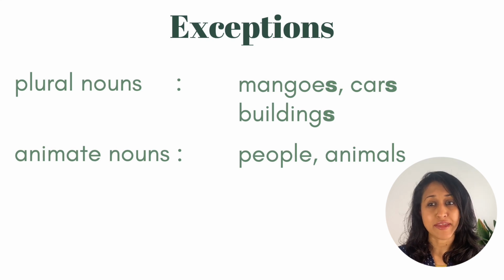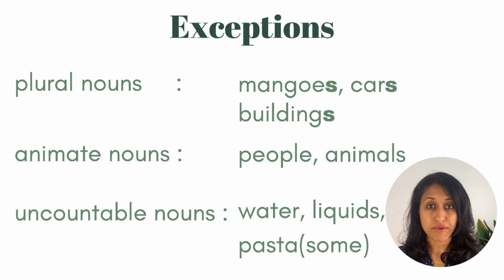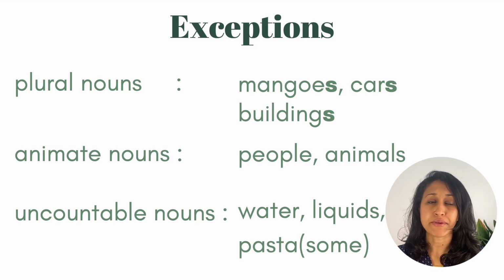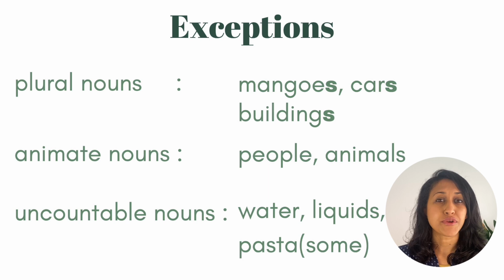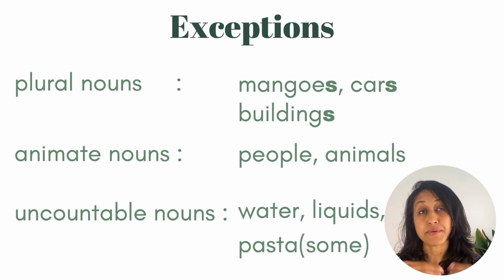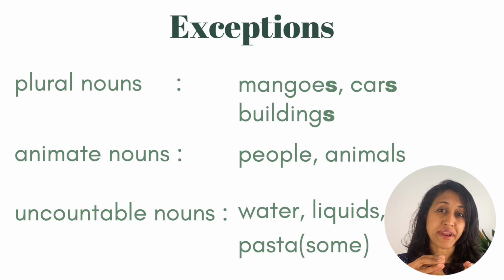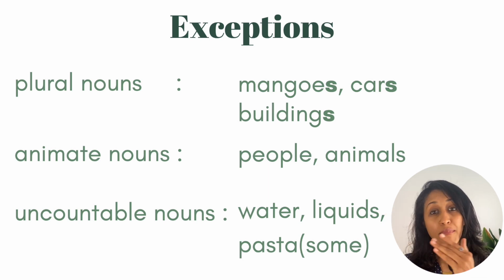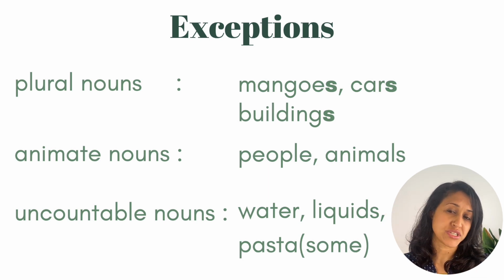Finally, the third exception to this is uncountable nouns. Uncountable nouns are also called mass nouns, and they exist in like a blob form and you can't seem to count them. That's why they're called uncountable. For example, you wouldn't be able to say 1 water, 2 water, 3 water. You might be able to count it if the uncountable noun is in some kind of container or is quantified, so 1 cup of water or 1 glass of water.